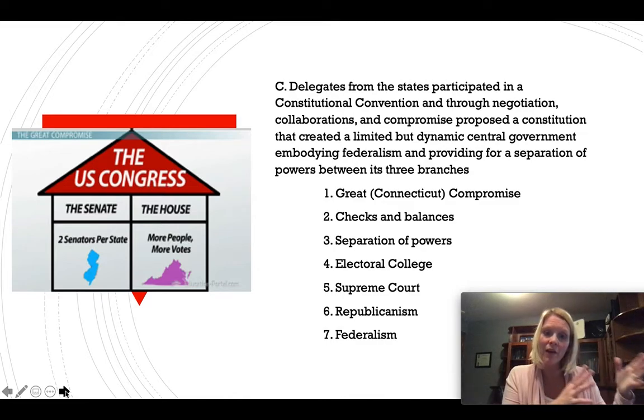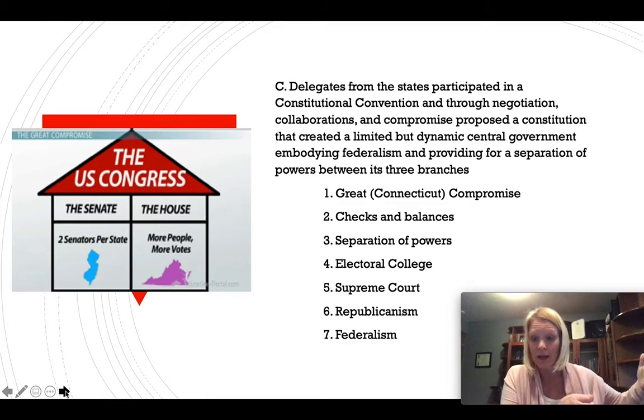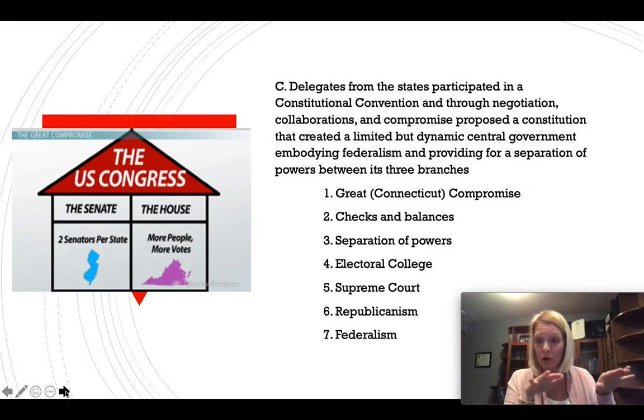But then another separate part of the legislature would have representatives based on population. So we understand the upper house of Congress, we call the Senate. Everybody gets 2 votes, right? Everybody gets 2 people to represent them in the Senate.